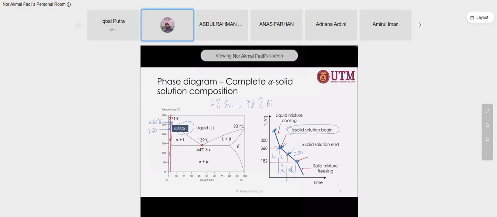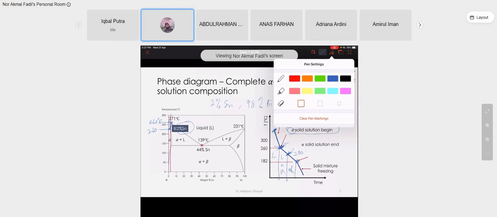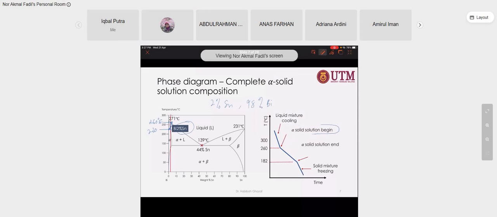Right, now it's 160. This is 260 for this point.